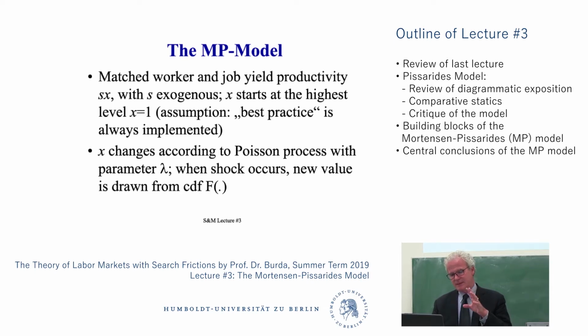Now, if you want to take this to allow for skills, you could say, in the job market for skill S, it would be S times X. But S is exogenous; you can't change your skills. So it's just to show you that you can augment X with some constant, just like we did in the Pissarides model.